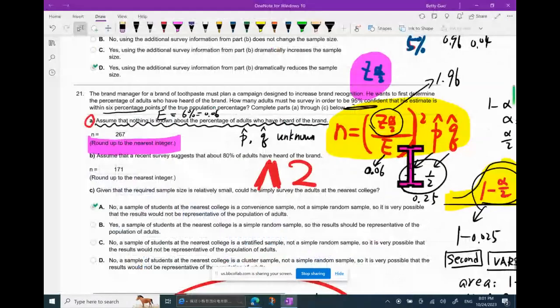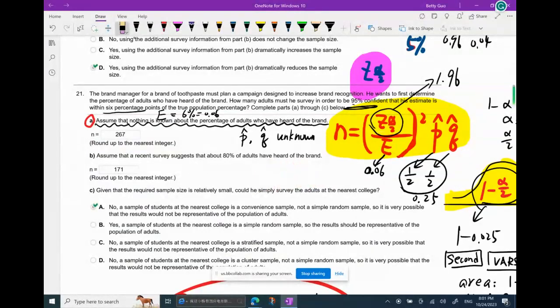Part B says, assume, based on historical data, in the past, a recent survey, very recent, of course, the latest the better, suggests about 80% of adults have heard about the brand.